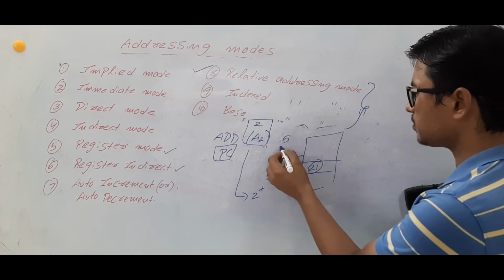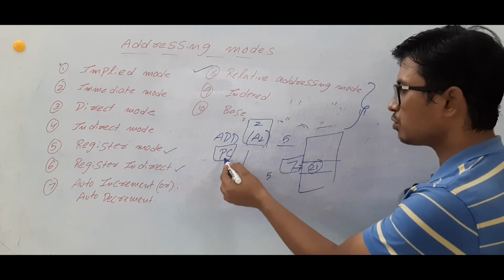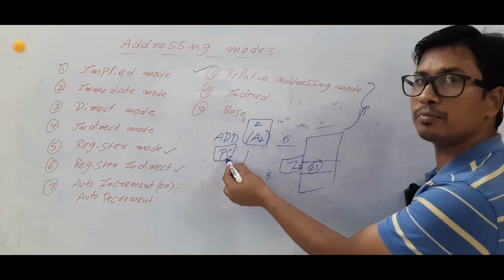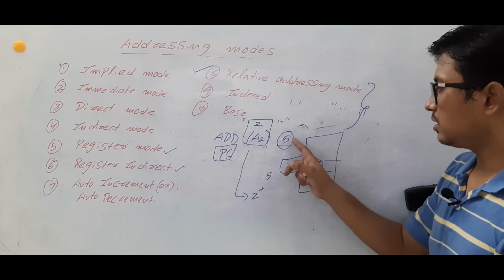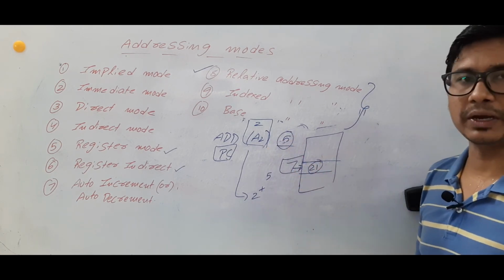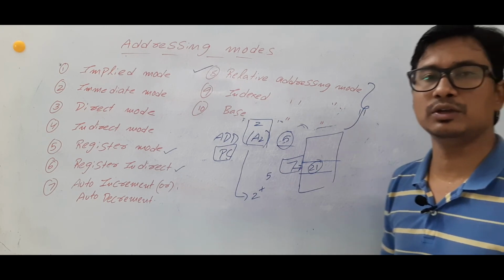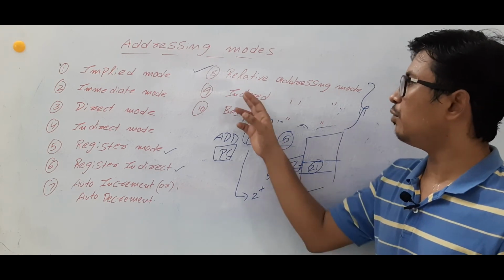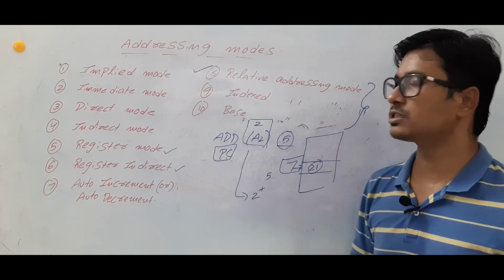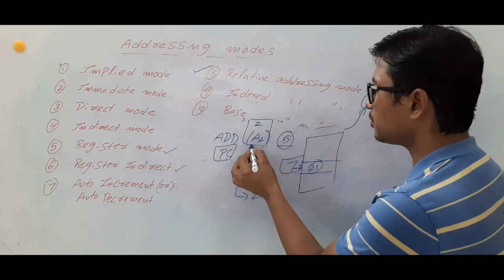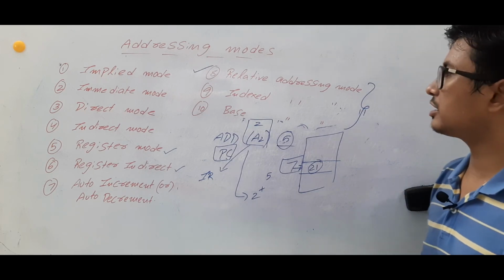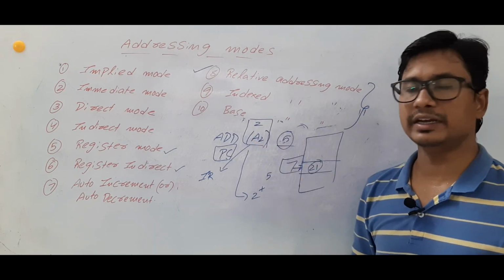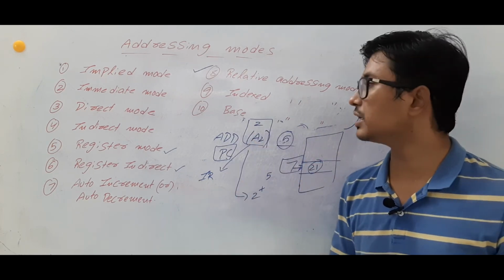But the remaining concept is the same. The offset will be there, so whatever value is in the program counter, you add the offset to it, go to that particular location, and fetch whatever value is there. Now what is the indexed addressing mode? In place of A2, if you have an index register, that addressing mode we will call an indexed addressing mode. The remaining thing is the same.